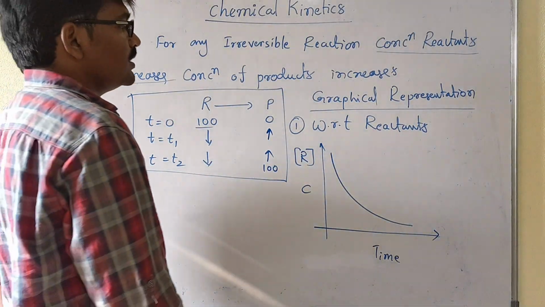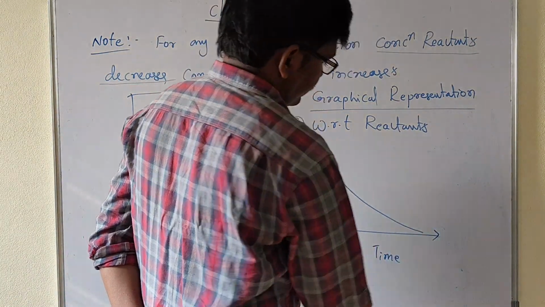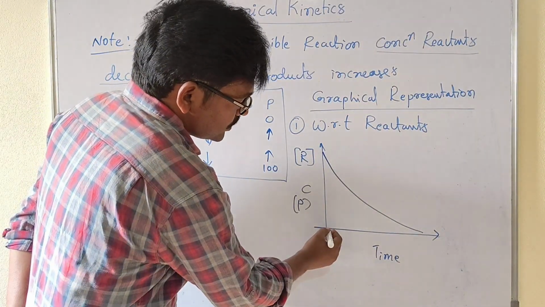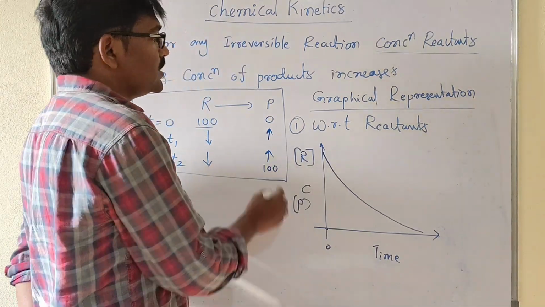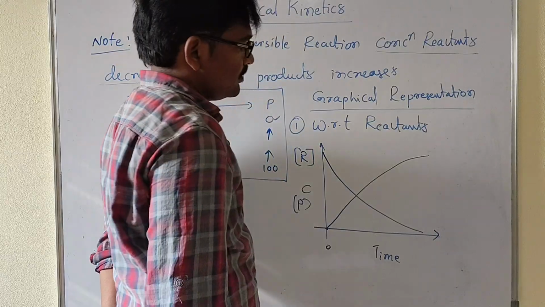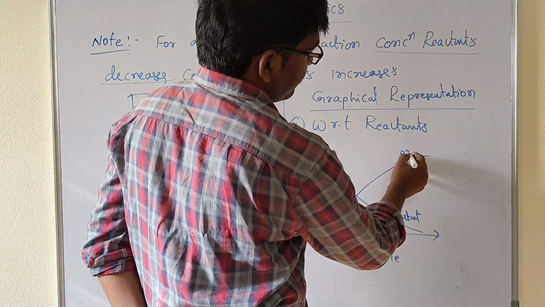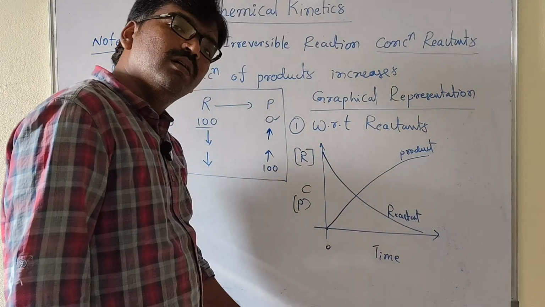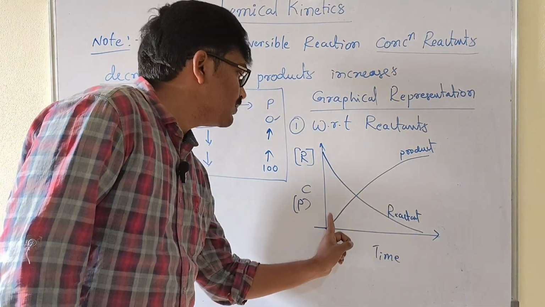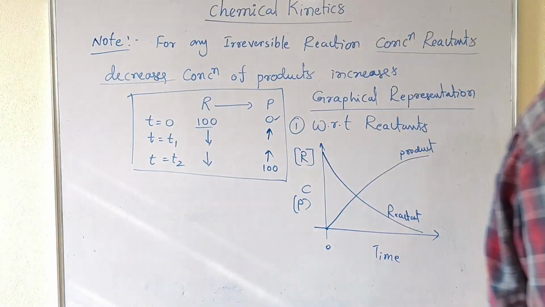So if you take a graph of concentration versus time, the concentration of reactants decreases. In case of products, the concentration starts at 0, but when time progresses, it becomes maximum. So this is the reactant curve, and this is the product curve. Remember, rate of reaction can be represented graphically like this: the reactant decreases, the product increases. Then we'll discuss the types of rates of reaction.